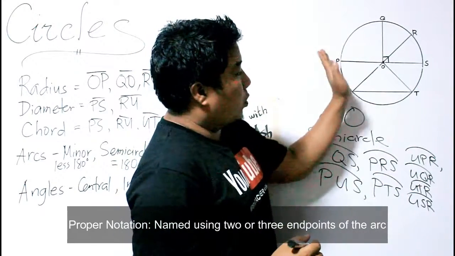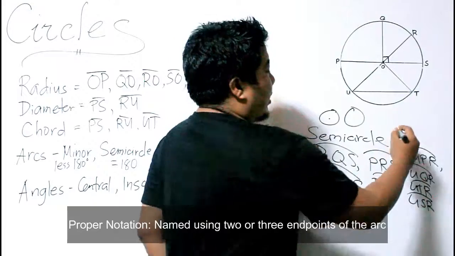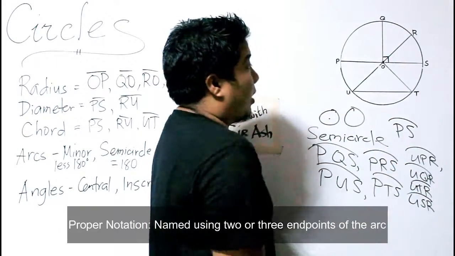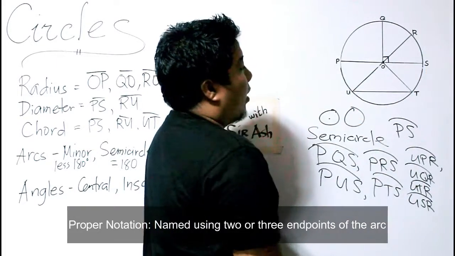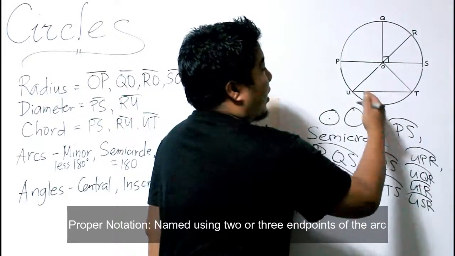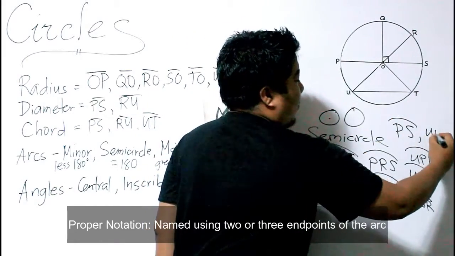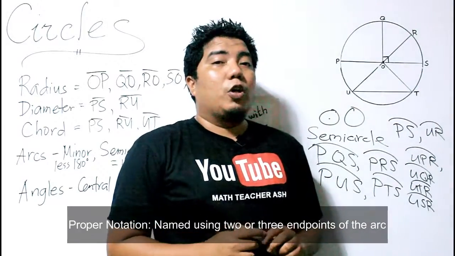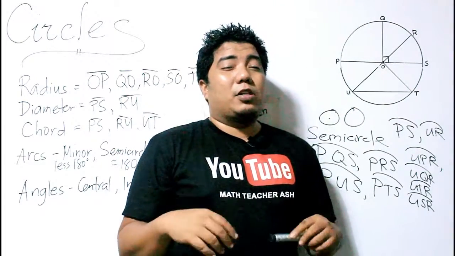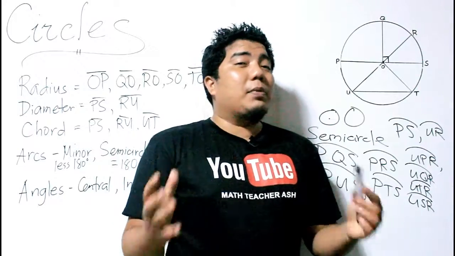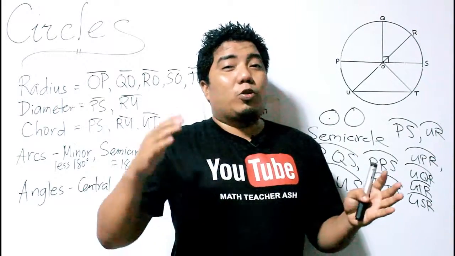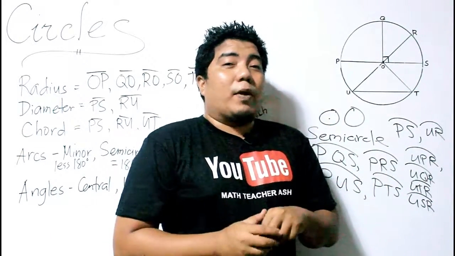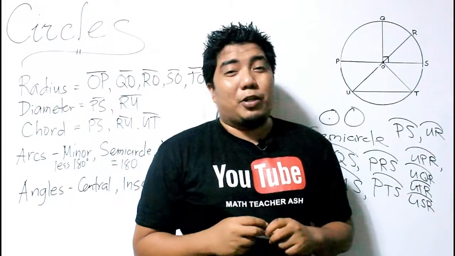So from here, you can name the semicircle as arc PS, or SP, and you can name it as UR. So that is also a semicircle. So remember, my dear math learners, if you really want to name the semicircles, you just need to base your arc from the endpoints of the diameter.